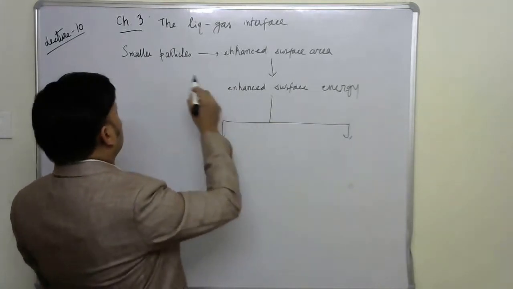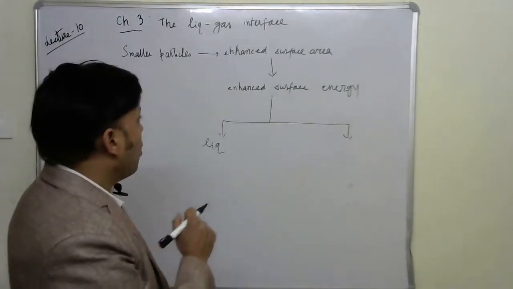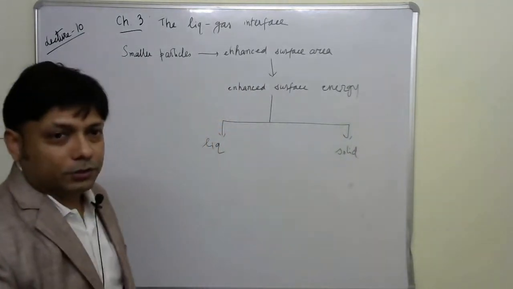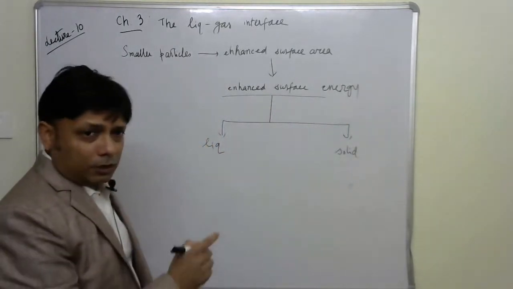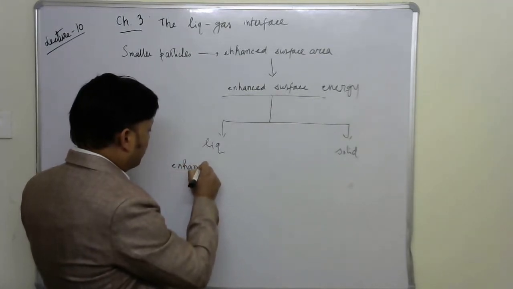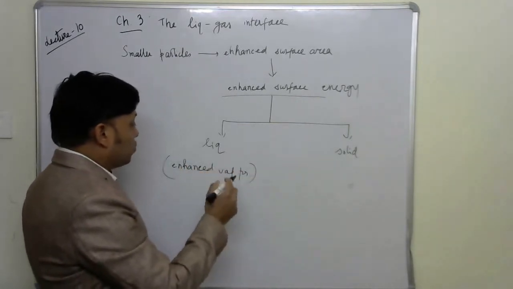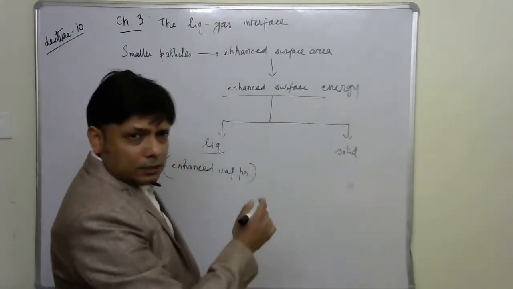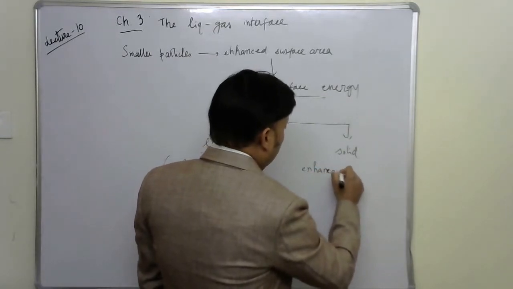If the particles are liquid, that means if these are liquid droplets, or if the particles are solid, like nanoparticles or something, this enhanced surface energy due to enhanced surface area would give rise to an enhanced vapor pressure if the particles in question are liquids. And if the particles are solid, the enhanced surface energy gives rise to enhanced solubility.